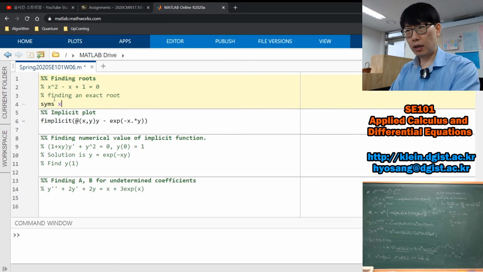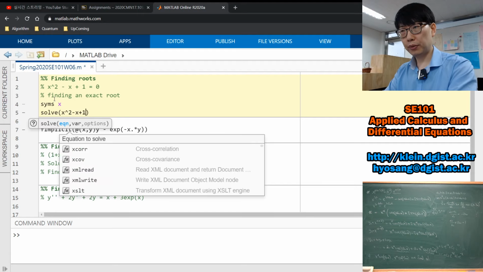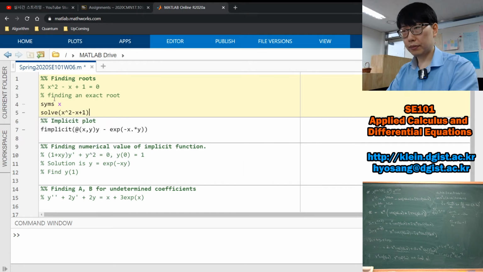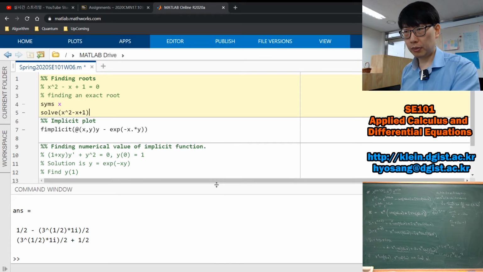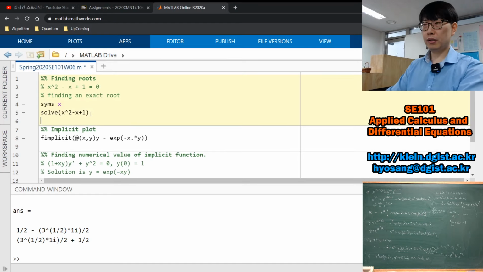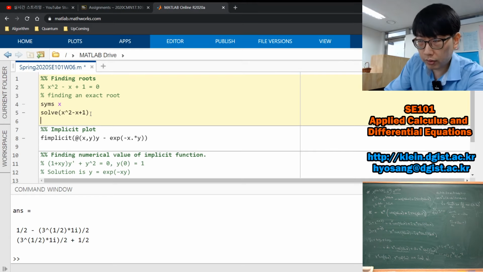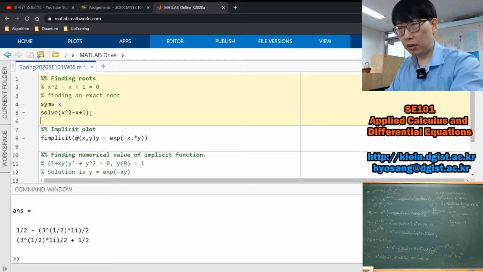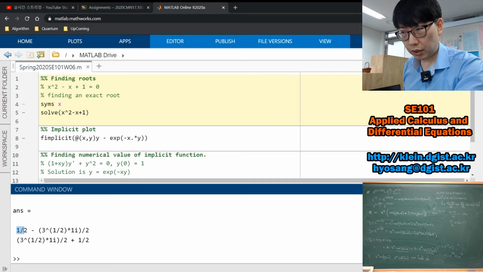First take the x variable as a symbolic variable and solve x squared minus x plus 1. It then gives you the answer. So this is very simple. Because you have a symbolic toolbox, you can use the solve command, only for the symbolic variable, and it gives the two roots.